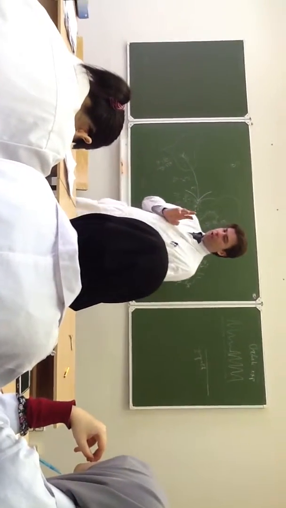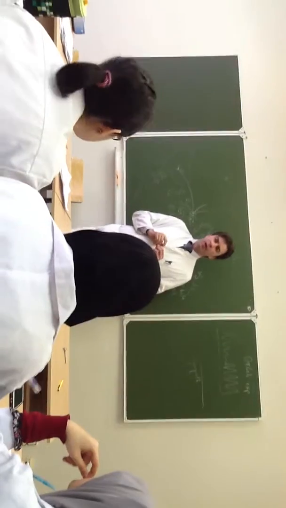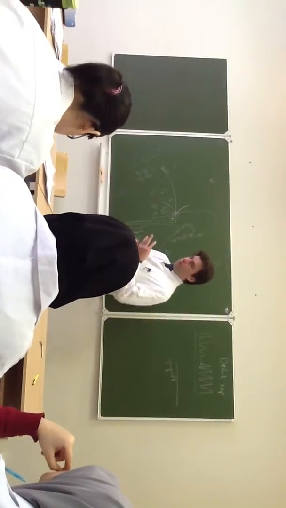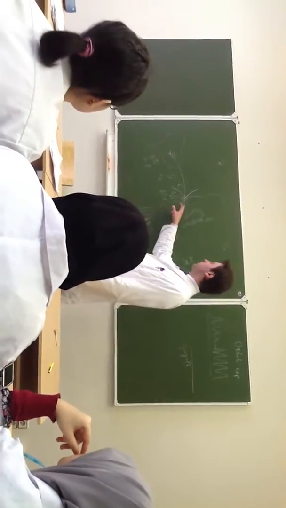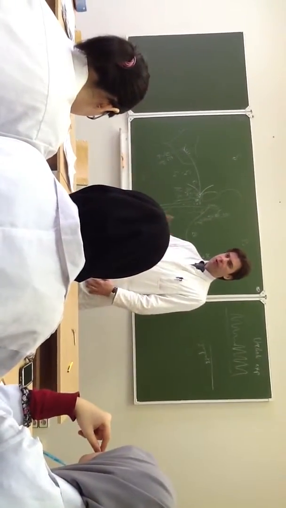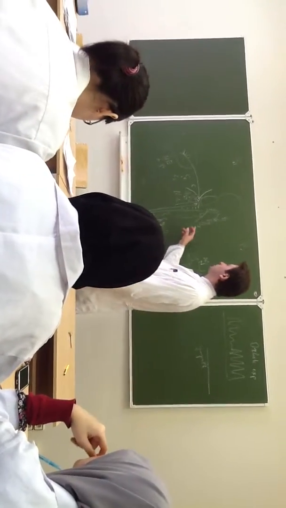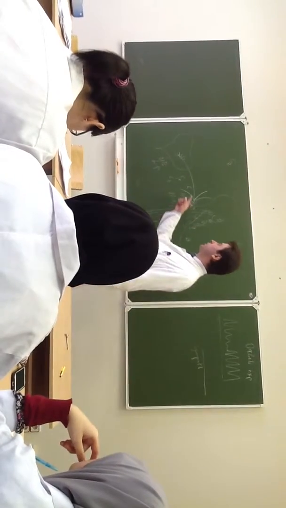Then, the next difference between sympathetic and parasympathetic: localization of ganglia. From the first glance, you may notice that in the sympathetic nervous system, preganglionic fibers are very short. Postganglionic fibers are long. They go directly to the organ.